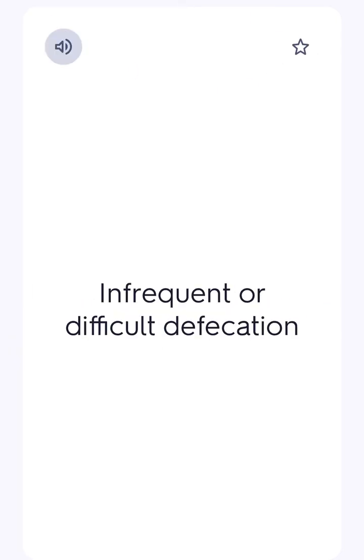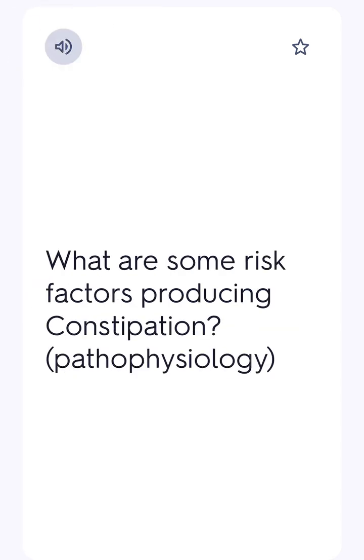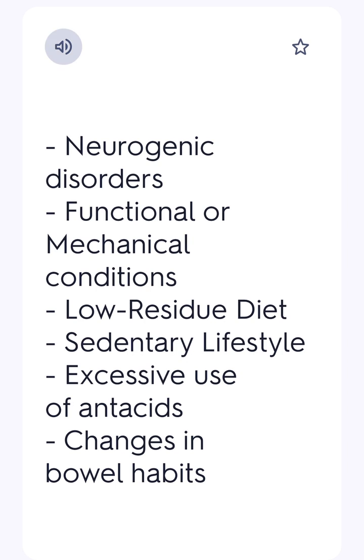Infrequent or difficult defecation. What are some risk factors producing constipation? Neurogenic disorders, functional or mechanical conditions, low residue diet, sedentary lifestyle, excessive use of antacids, changes in bowel habits.